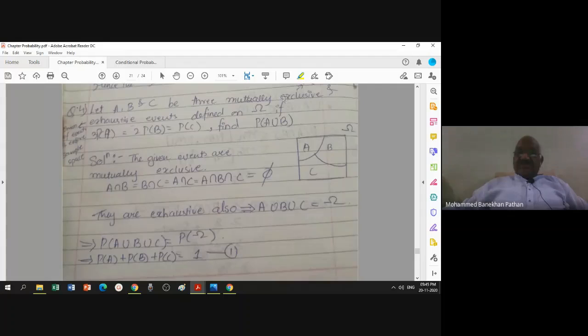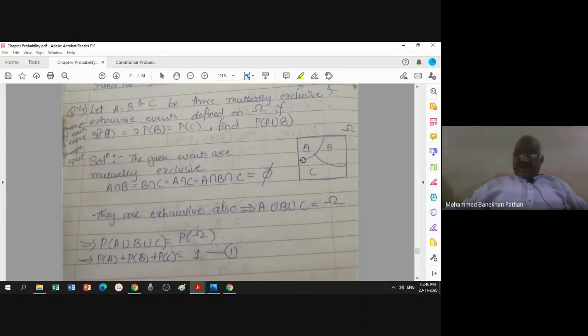What does the information say? The events are mutually exclusive. That means all are disjoint. And the next condition, they are exhaustive. So if I want to draw the Venn diagram, it will look like this. There is a rectangle labeled as omega.